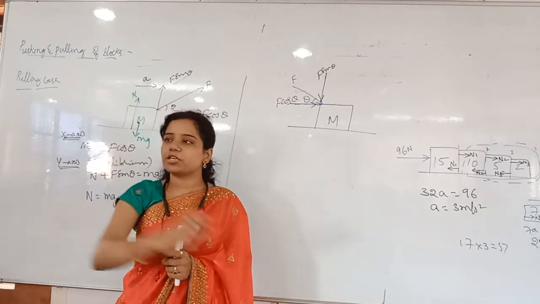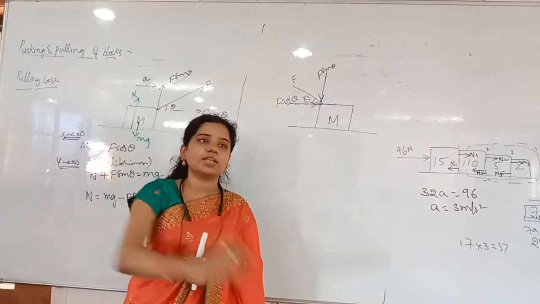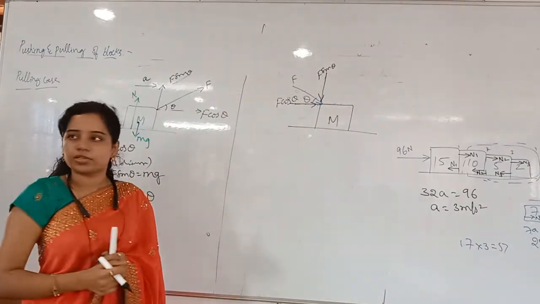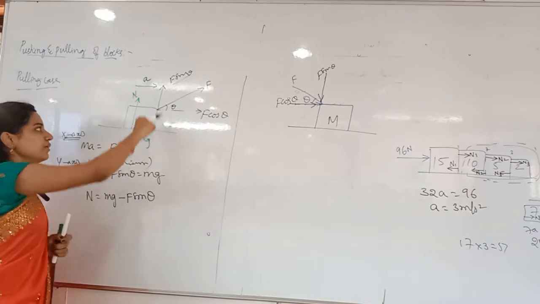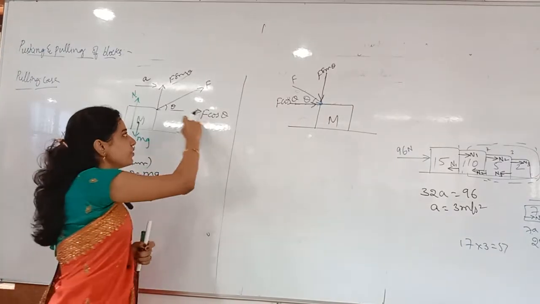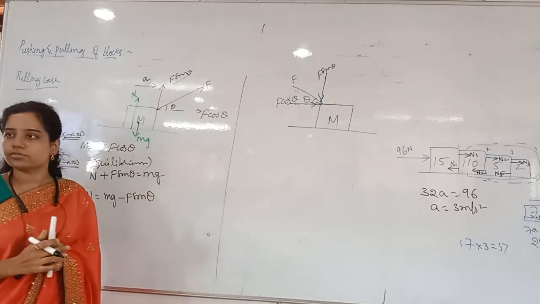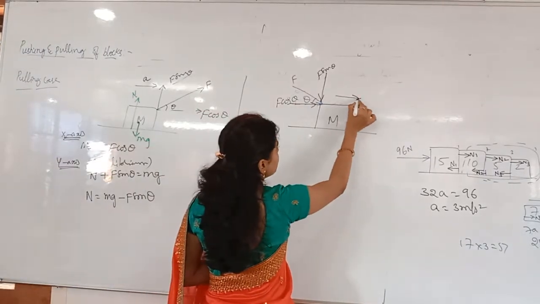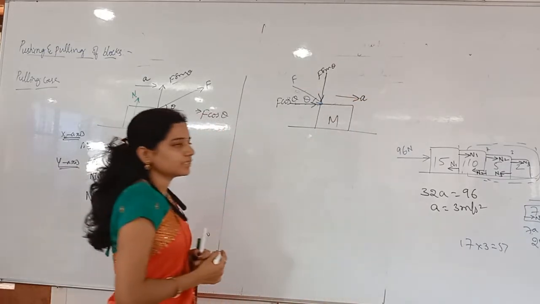Pushing. Because we are pushing, we are applying the force on the block only, so every component also acts on the block only. Pulling means we are taking the force away from the block, so all the forces will be away from the block only. You understand, right? Then this is F cos theta. Now the body is moving in this direction with acceleration A.